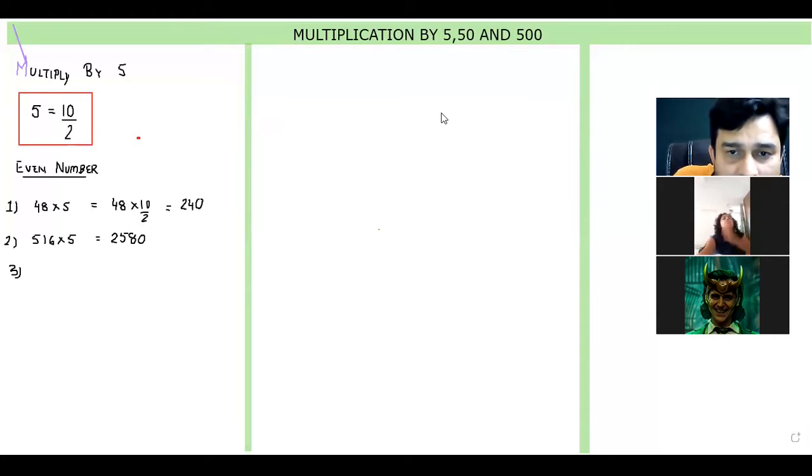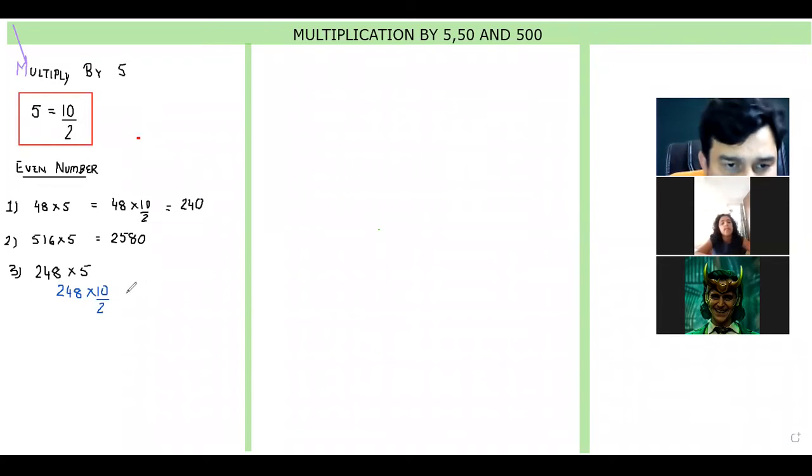Let me take one more example. Say the number is 248 times 5. So how will I solve? I will consider this 5 as 10 upon 2. So 248 into 10 divided by 2.